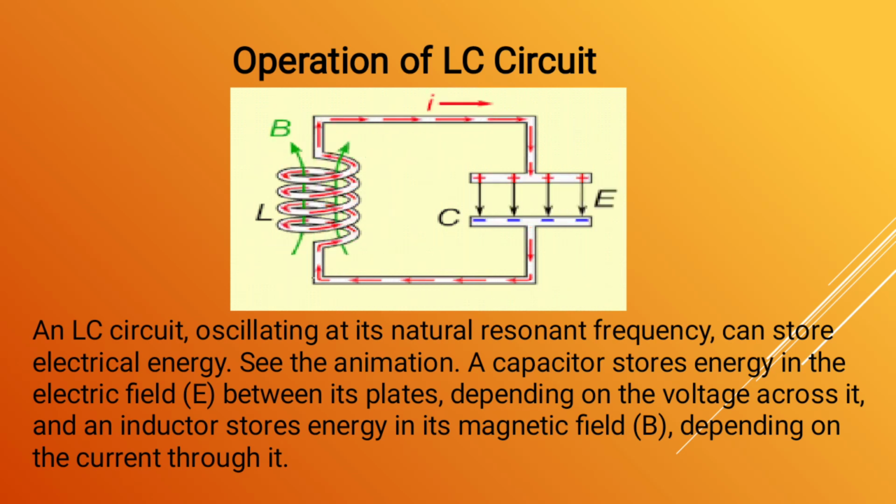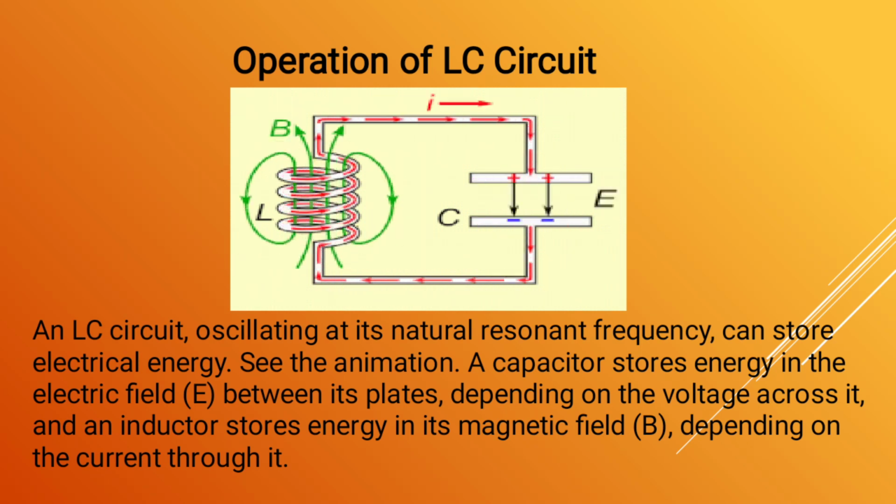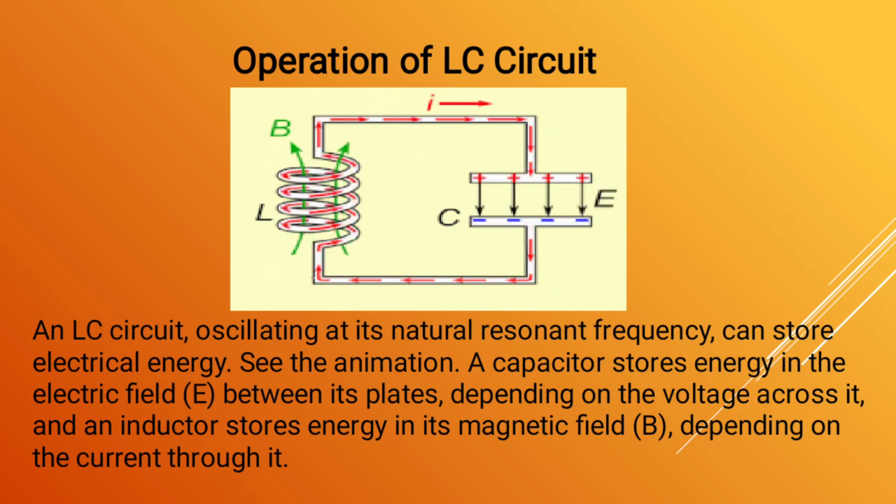In an actual tuned circuit, the charge may oscillate back and forth thousands to billions of times per second. So an LC circuit oscillating at its natural resonant frequency can store electrical energy. In the animation, a capacitor stores energy in the electric field between its plates depending on the voltage across it. An inductor stores energy in its magnetic field depending on the current through it.